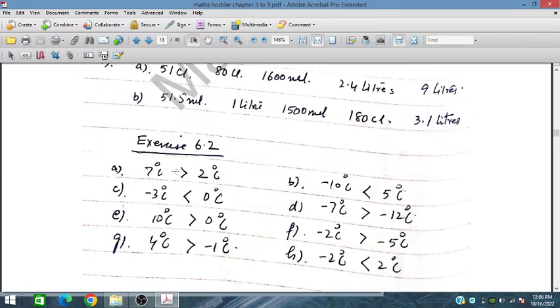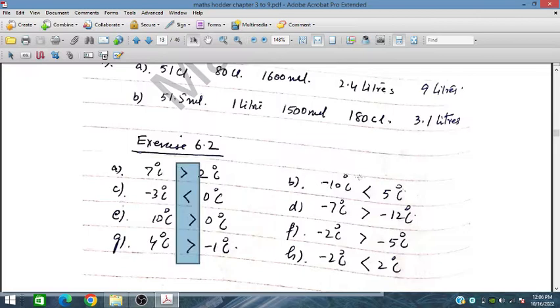Similarly for this, 7 is greater than this, minus 10 is less than 5, and minus 7 is greater than minus 12. This is the leftmost. Minus 2 is less than 2. So this sign is important.